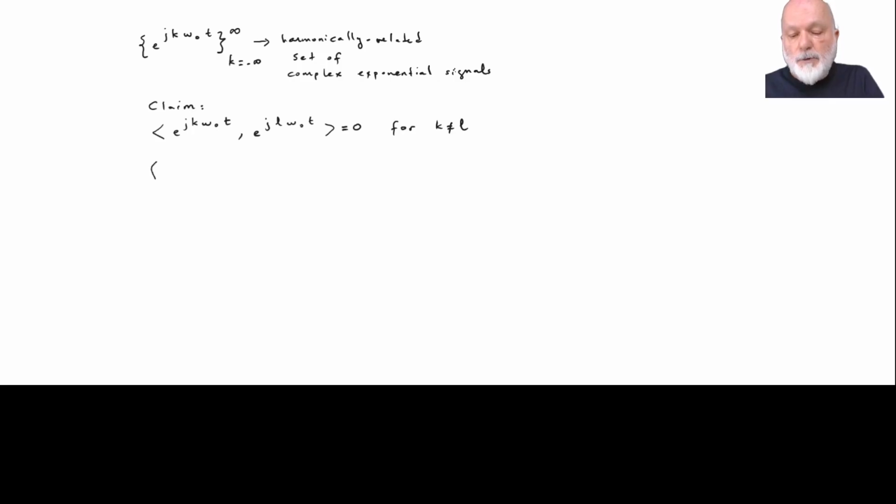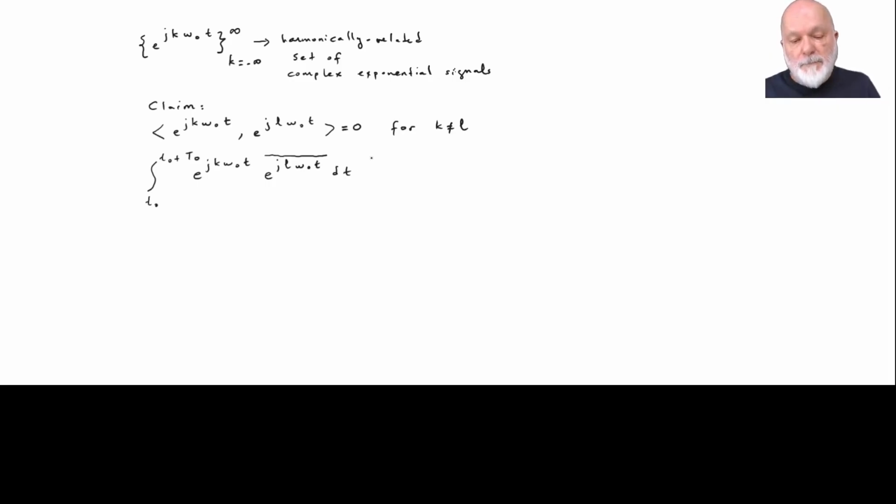Remember, in the inner product, we have an integral from t0 to t0 plus capital T0. We have the first signal, e to j k omega 0 t, and then we have the complex conjugate of the second signal, multiplied and integrated.